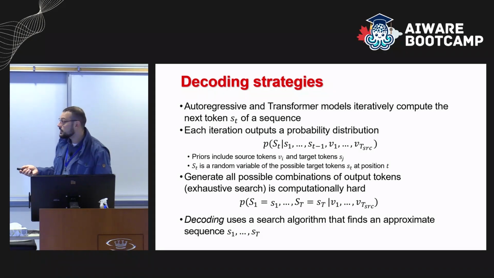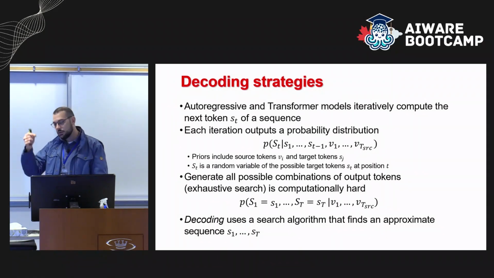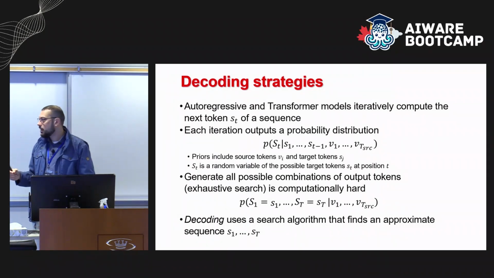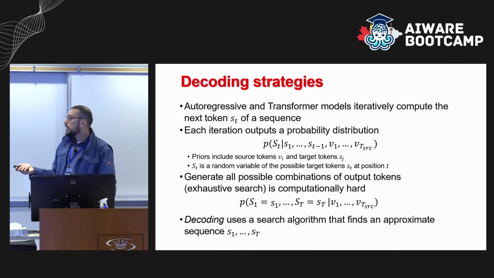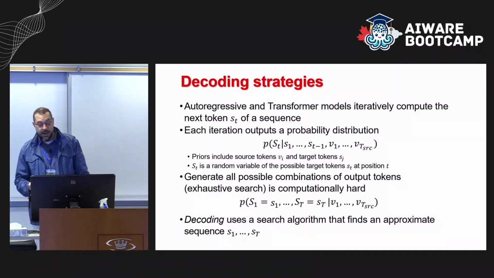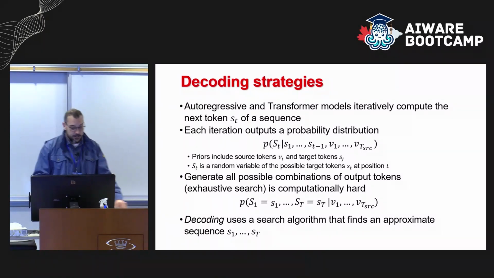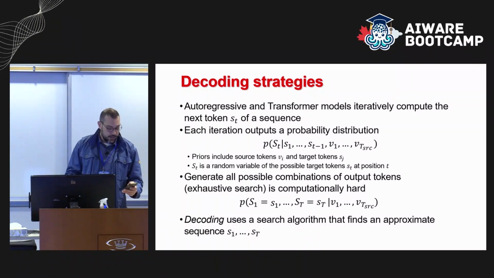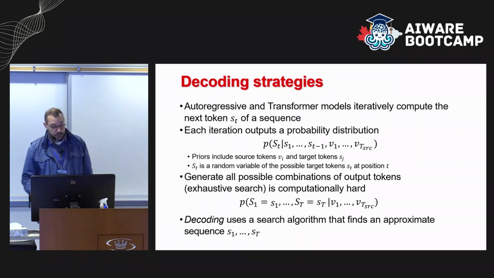But the point here is, at each iteration, it outputs a probability distribution, which is the individual probabilities of the tokens, okay, with the prompt and what it has previously generated as the priors, okay? And decoding would then use a search algorithm to find an approximate sequence that leads to the sum of the outputs being the highest one.